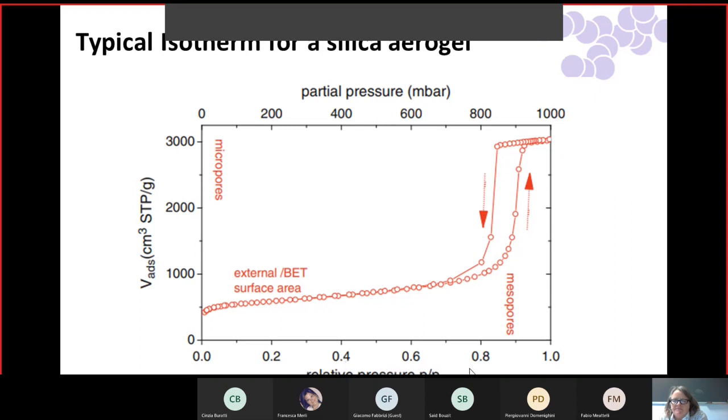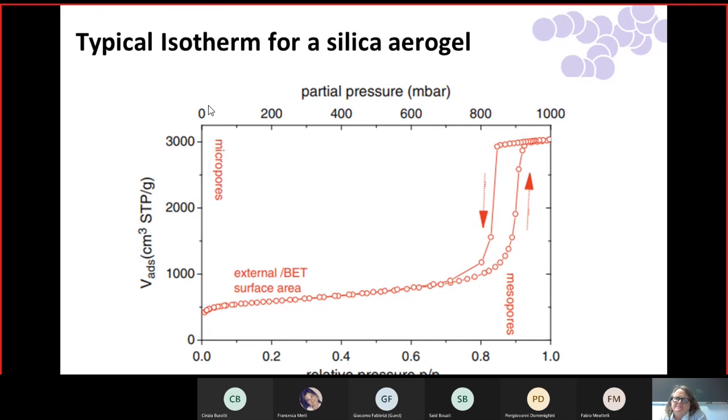At each partial pressure, we measure the amount of gas adsorbed. We call it an isotherm because, in the case of liquid nitrogen, it's all at 77 Kelvin, and each of these is a point.